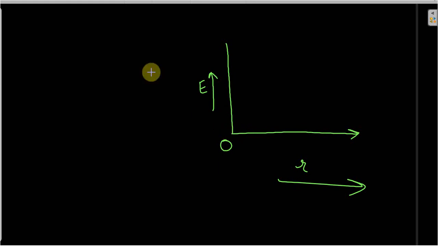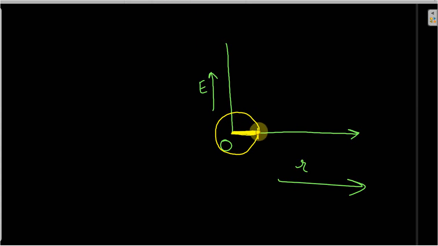We know inside the conducting shell, the electric field is 0. So the distance may increase or decrease, but the electric field will be 0. So in this portion the electric field will be 0, inside the sphere.